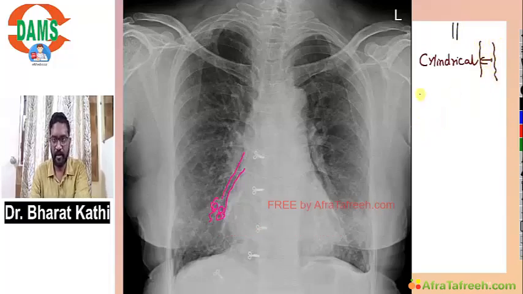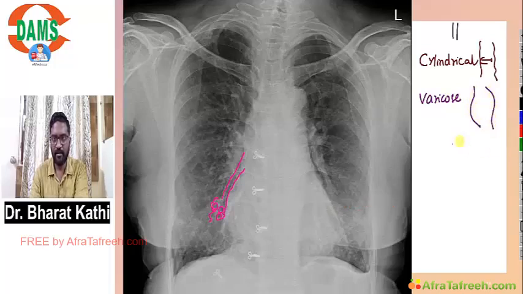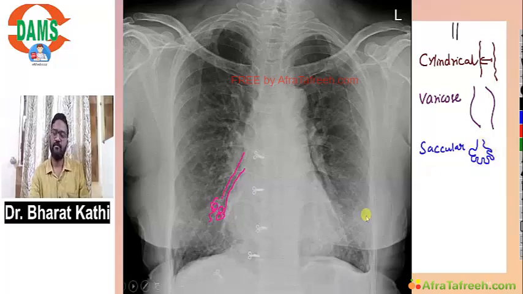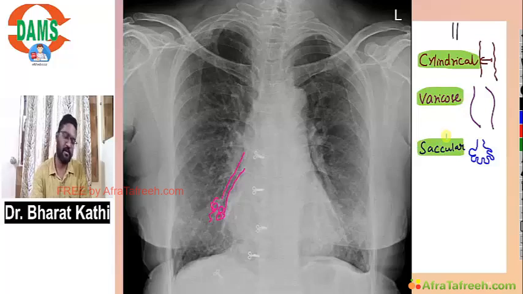Then we have varicose bronchiectasis, where the dilatation will be like a spindle. Then the most severe form, saccular bronchiectasis, which will be more saccular like this. So we have three types of bronchiectasis: cylindrical, varicose, and saccular.